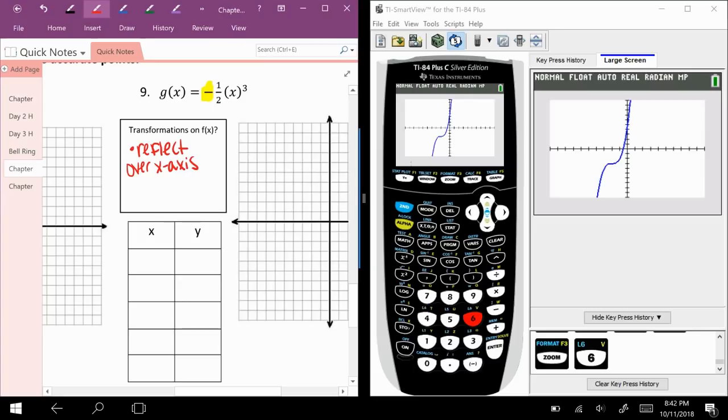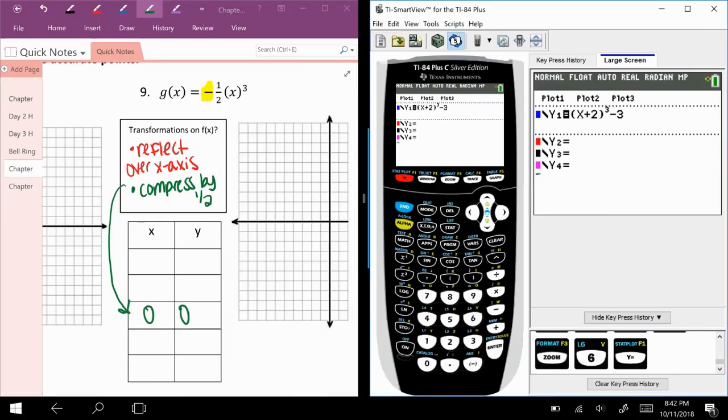If I put the negative in parentheses here, that would mean reflecting over the y. Now this 1/2 means I'm going to compress by 1/2. I did not move left, right, up, or down. So that means I'm going to be starting at 0, 0.